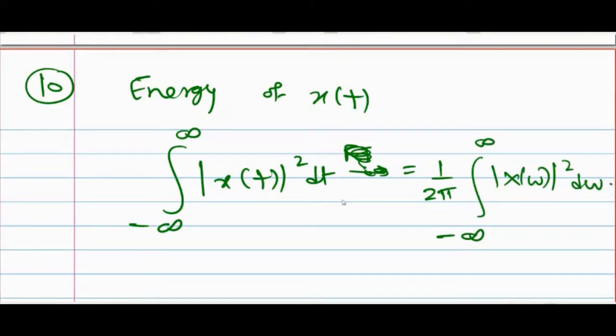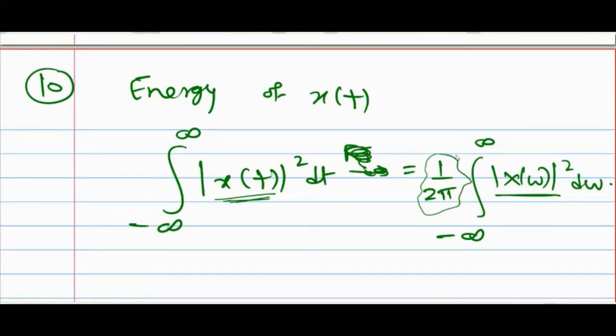So energy of x of t is the same as energy of its Fourier transform, but multiplied by the factor 1 upon 2 pi.